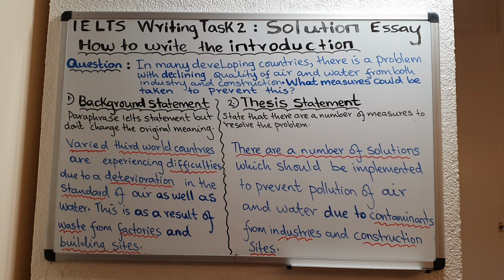For both of you, the essay is written in exactly the same way and it is marked in the same way. However, if you are a general training student, then you expect to get Task 2 questions that are simpler and the topics are also usually simpler. But your essays are marked exactly the same way and written exactly the same way.